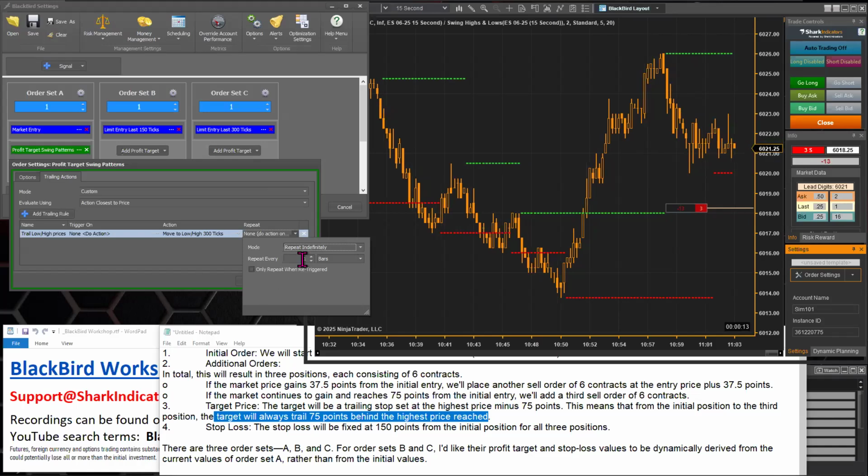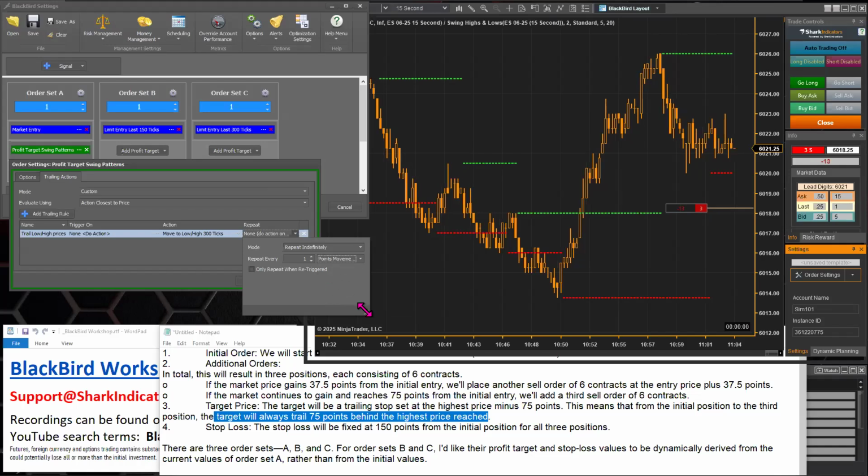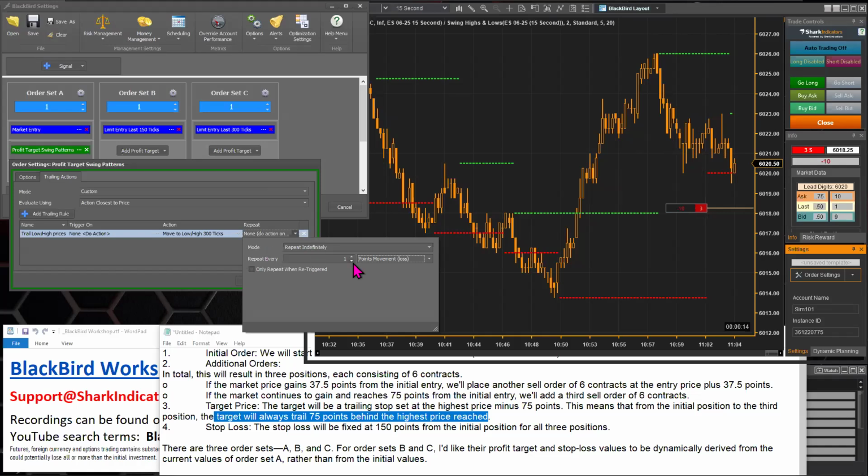You can wait for the bar to close and then move our profit target in a little tighter, or we could move our profit targets on a tick by, well, this is points, sorry. Yeah, actually we have a bunch of options here. As the market moves each point higher or lower, we could move that profit target based on each point of movement.